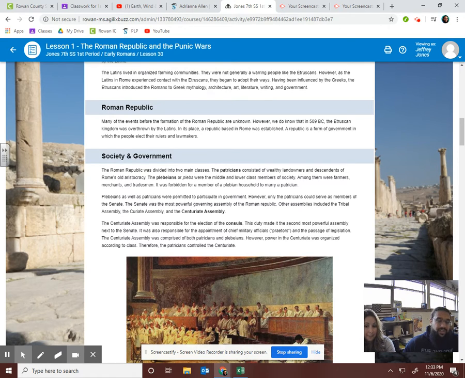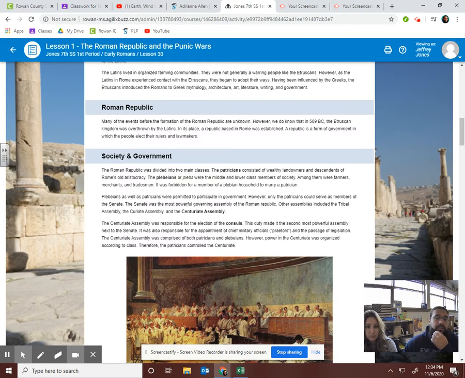Okay. So the Centuriate Assembly was responsible for the election of the consuls. This duty made it the second most powerful assembly next to the Senate. It was also responsible for the appointment of chief military officials, also known as praetors, and the passage of legislation. Okay.